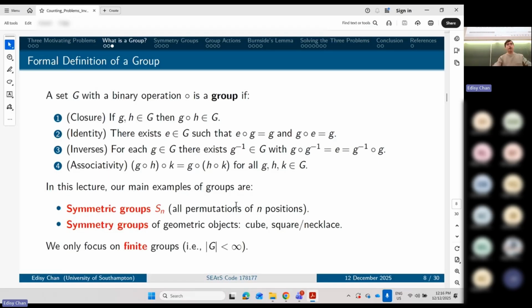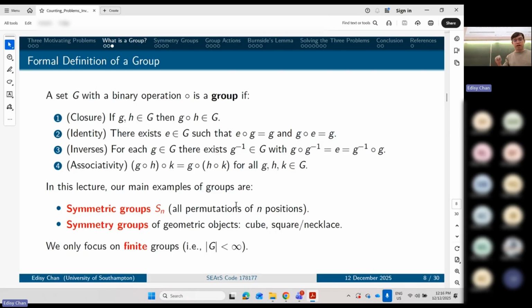Or you can think of it like, you have 1, 2, 3, and then you can move them to be like 2, 1, 3, where 1 goes to the 2, and 2 goes to the 1, and the 3 doesn't move. And then you may also have other arrangements, right? So those are the permutations.